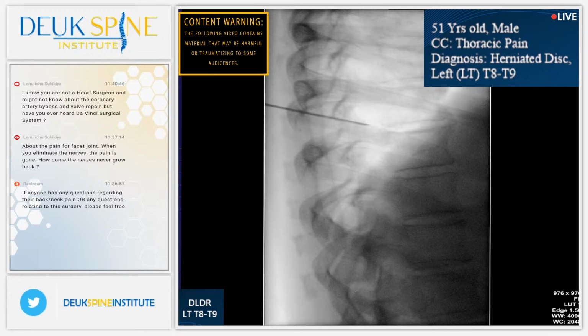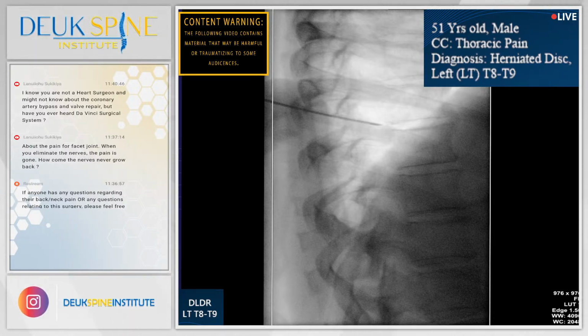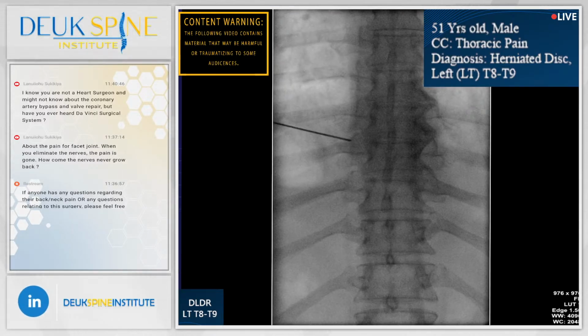Shot. That shows me right there. Give me an AP. But on the AP, I'm not. Nope. This could be just the rib head. All right, back to a lateral.